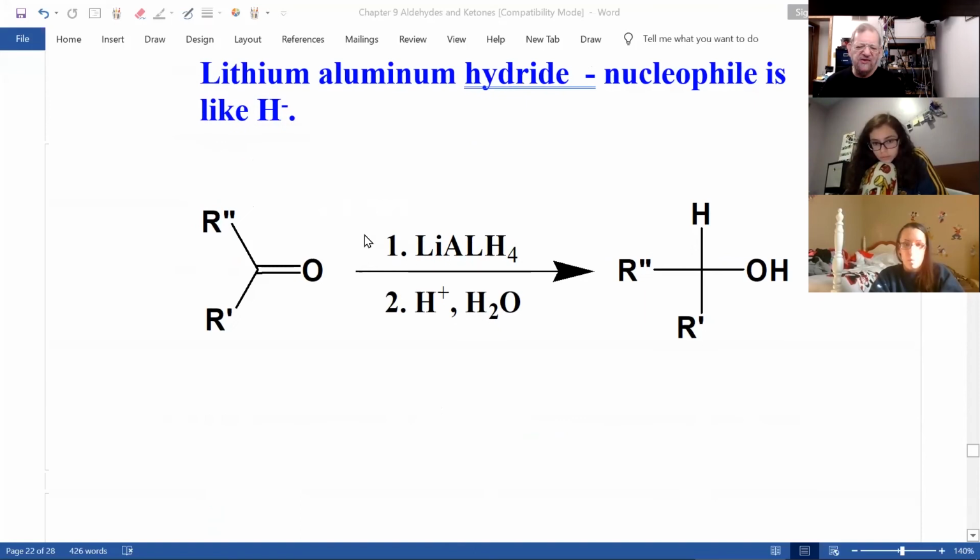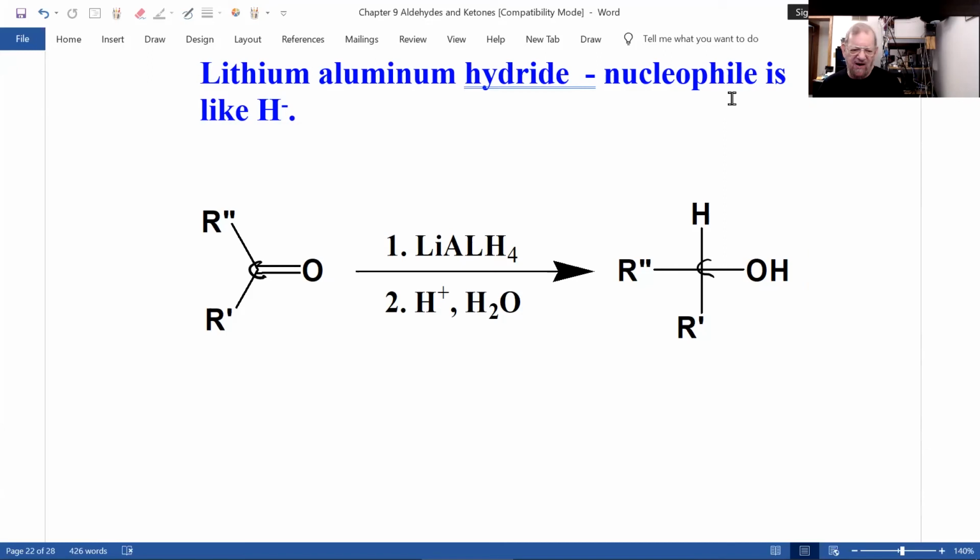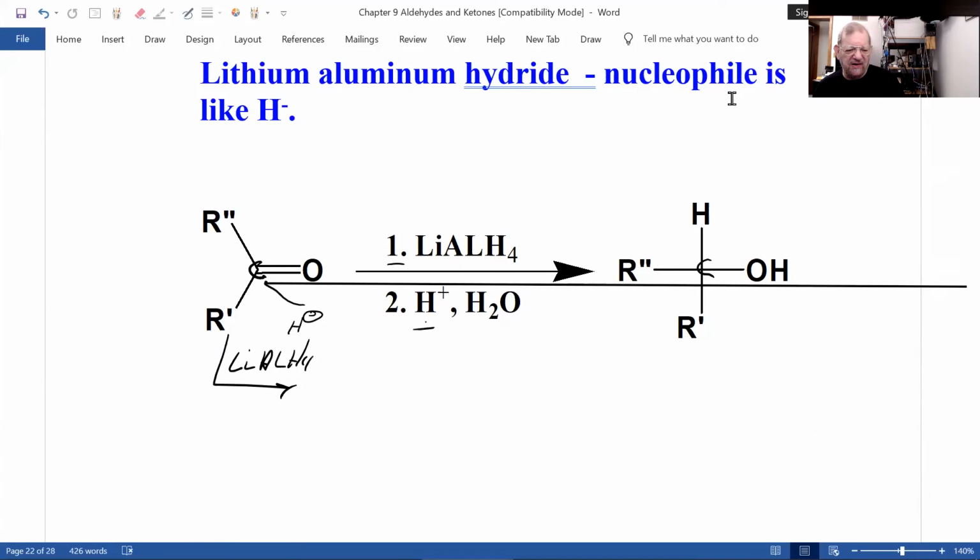And what lithium aluminum hydride does is a similar reaction to hydrogenation, where you break the pi bond of an aldehyde or ketone, and each atom of the double bond gets a hydrogen. Now notice you've got two steps here. Lithium aluminum hydride is like H minus, and like a Grignard, it will attack that.